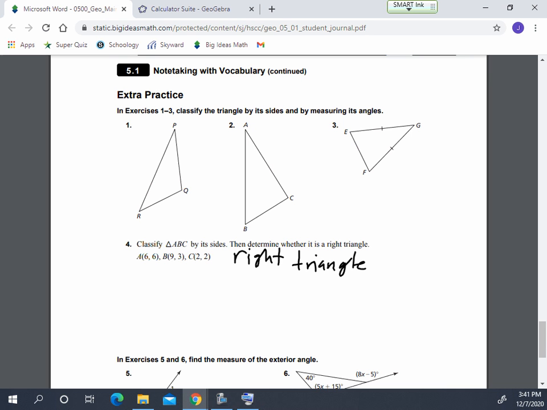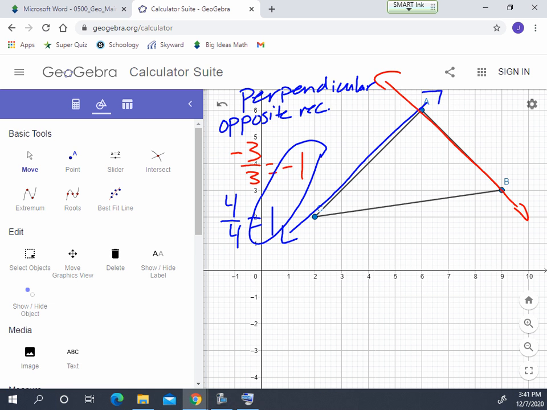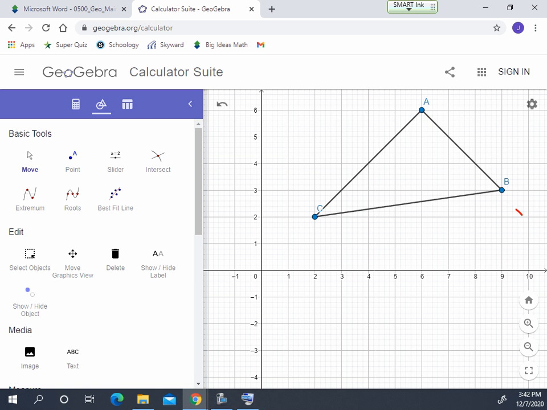Okay. Now we have to classify this triangle by its sides. So yes, this is a long problem. We have to find each side length to see if they are equal. How do we do that?